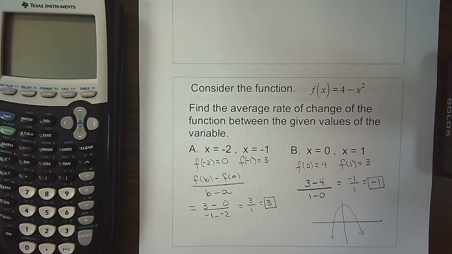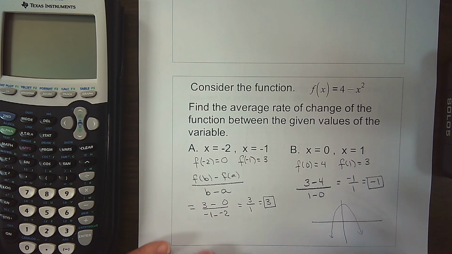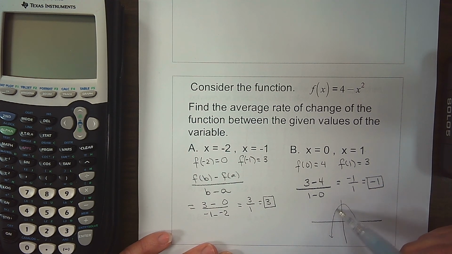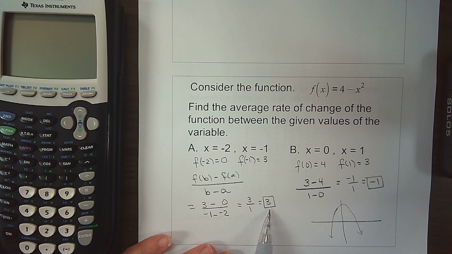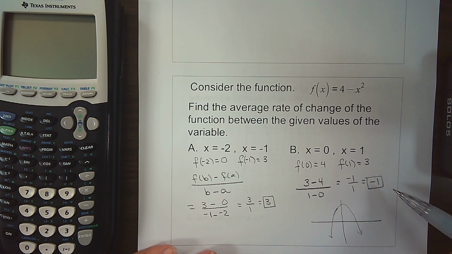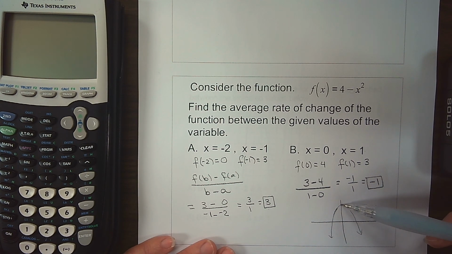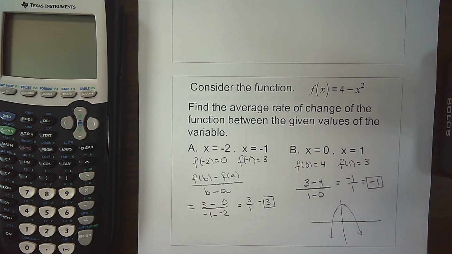But if your x values were on the negative side somewhere over in here, the function is increasing, so to have a positive average rate of change would make sense. And similarly, if I go from 0 to an x value of 1, this would be dropping back down, and so our average rate of change being negative would make sense in the problem.